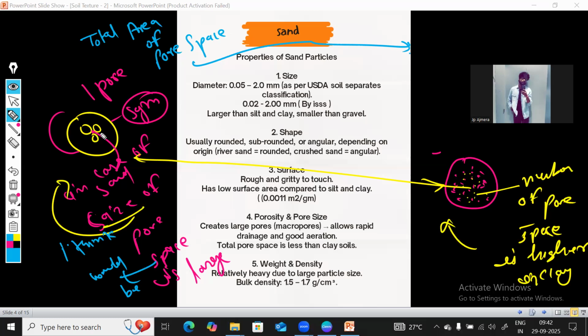Sand holds only this one space, but clay has lots of spaces.